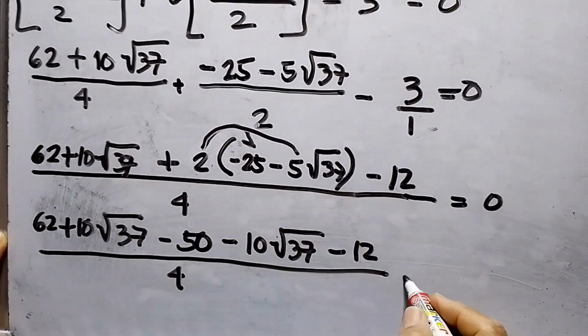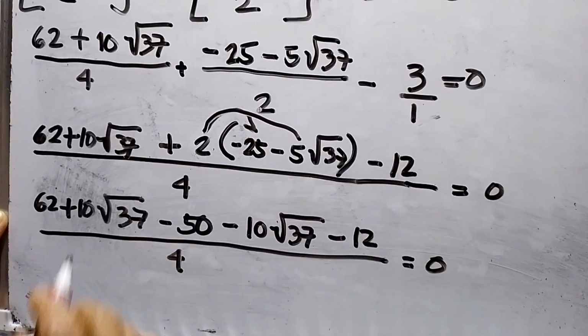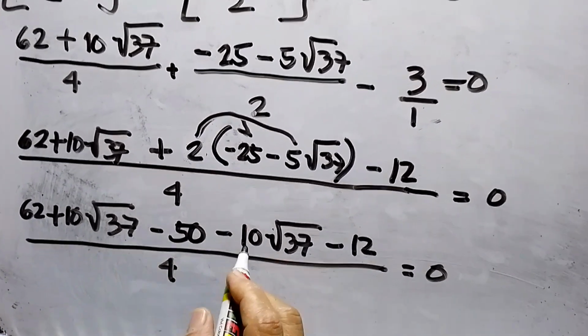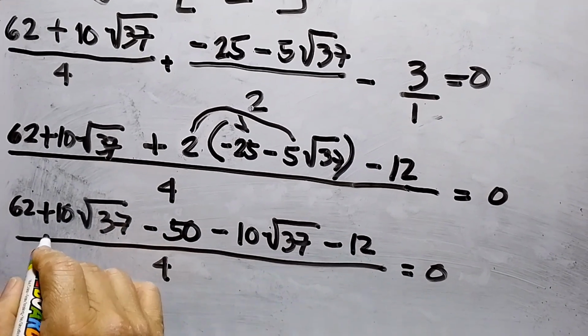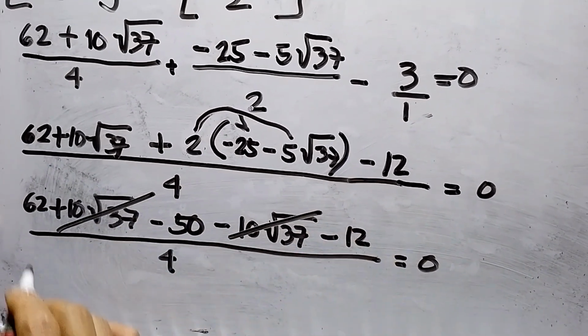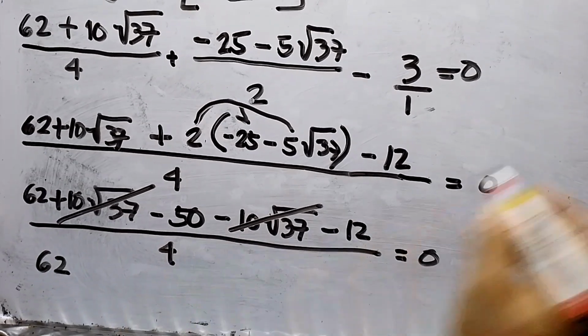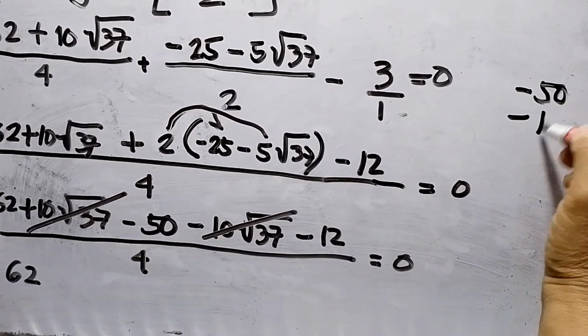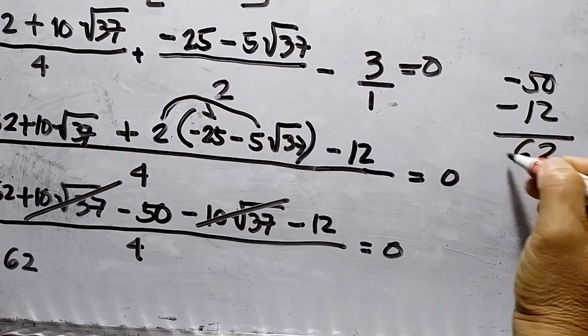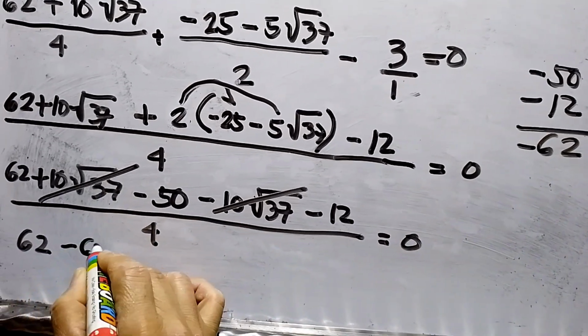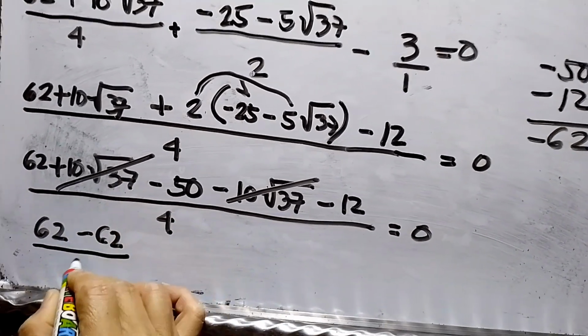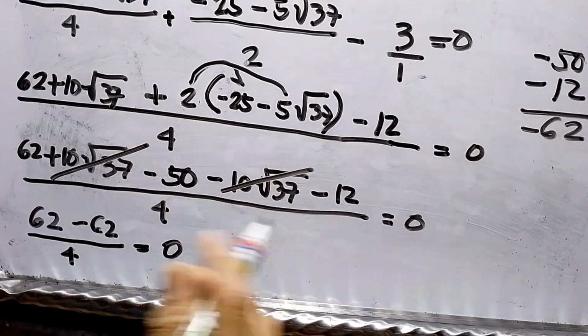And this will be equal to 0. Okay, 10 square root of 37, and I have here negative 10 square root of 37. This will be crossed out. Then combine 62, negative 50, and then negative 12. This is 62 minus 62 over 4 is equal to 0.